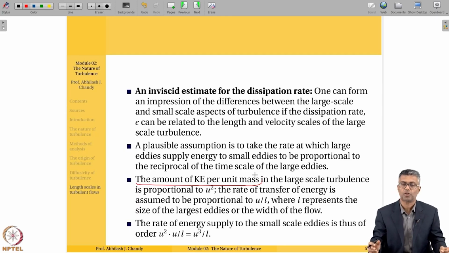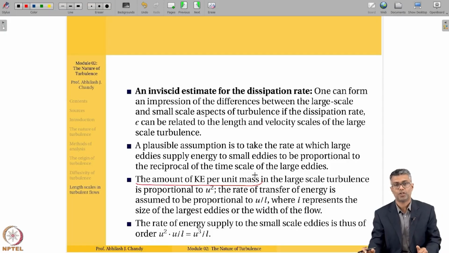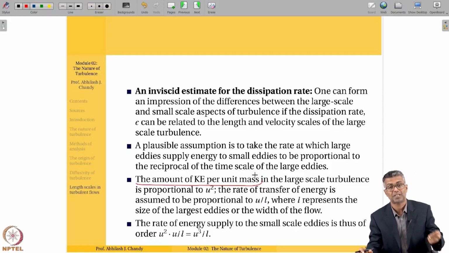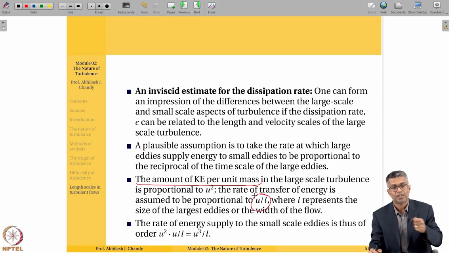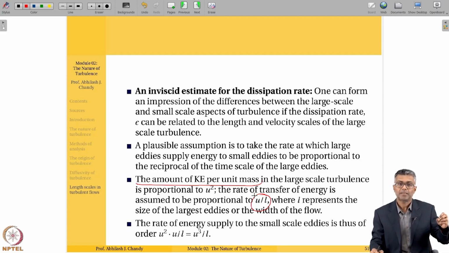So the rate of transfer of energy is related to the time scale, which is of the order of magnitude of L over U. The rate of transfer of energy will be proportional to U over L, in which case the kinetic energy is U squared and the time scale is L over U.